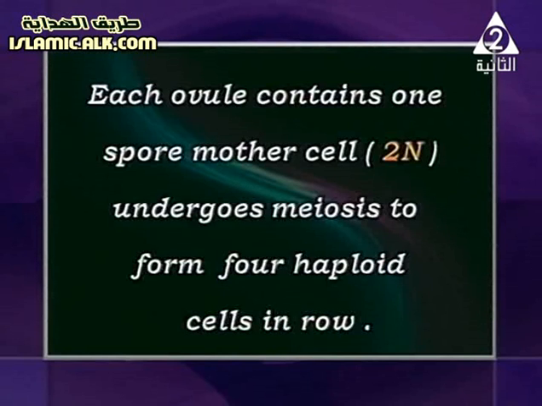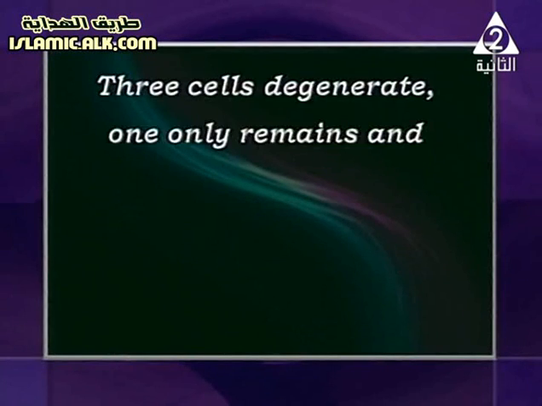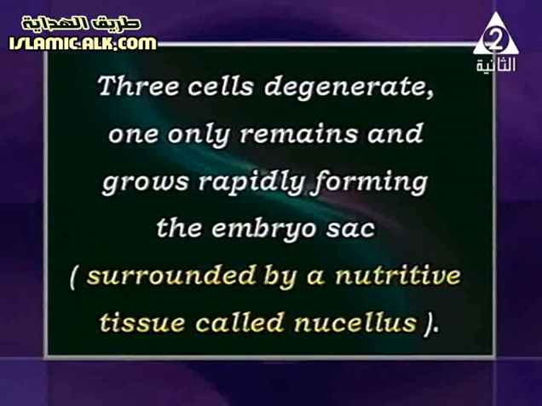Each ovule contains 1 spore mother cell, which is 2N or diploid, and after a series of divisions forms 4 haploid cells in a row. They are arranged in 1 row over each other. After that, 3 cells, as we said in the last episode, degenerate and disappear.